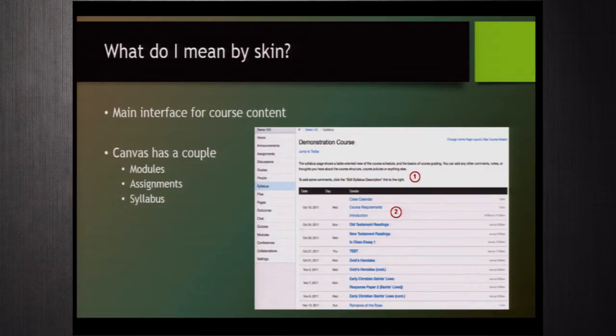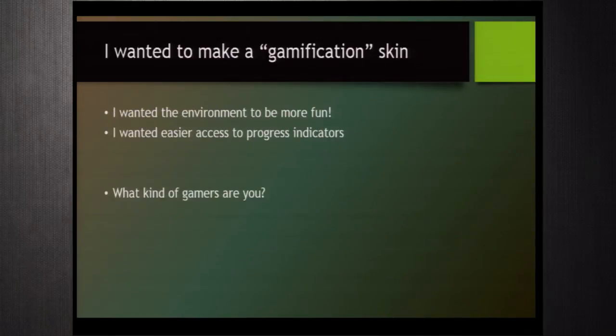In the syllabus view, it's basically the modules view, but you get this paragraph at the top and you can write as much content as you'd like in that space. These are all skins for Canvas. They're not particularly interesting. No offense to any Canvas folks, but they're kind of just lining out content. It's not very exciting. And so what I wanted to do is build a gamification skin.